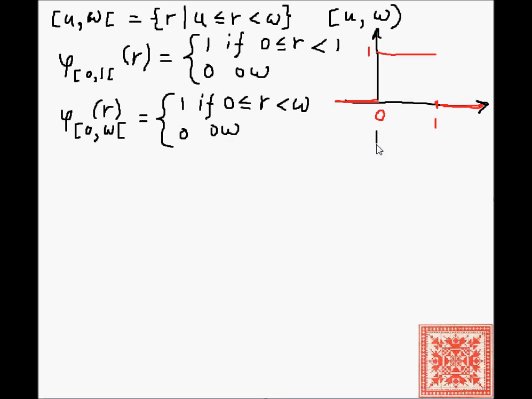Right, so let's graphically draw this. We're going to go from 0 to w, excluding w.